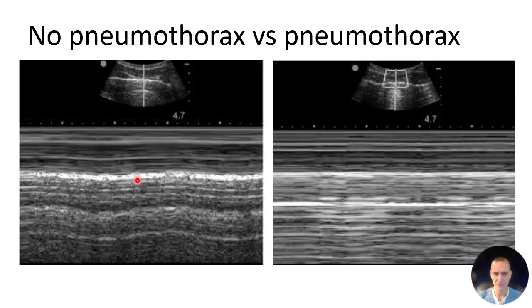Here, so you have the beach, the seashore, and then the sky here. They term this, and suggestive of a pneumothorax, the barcode sign. So for documenting, you can record your findings.